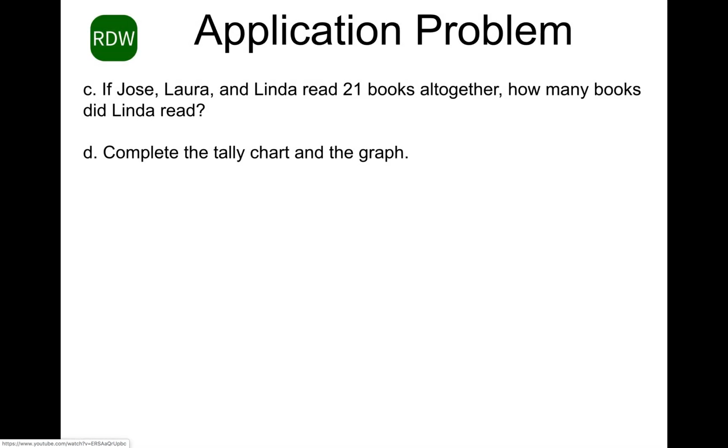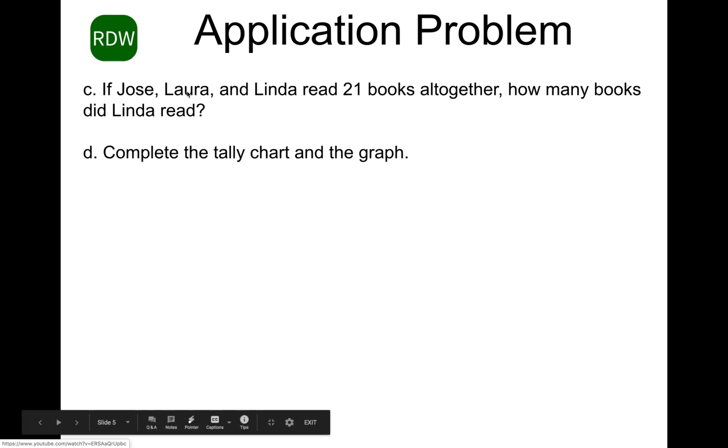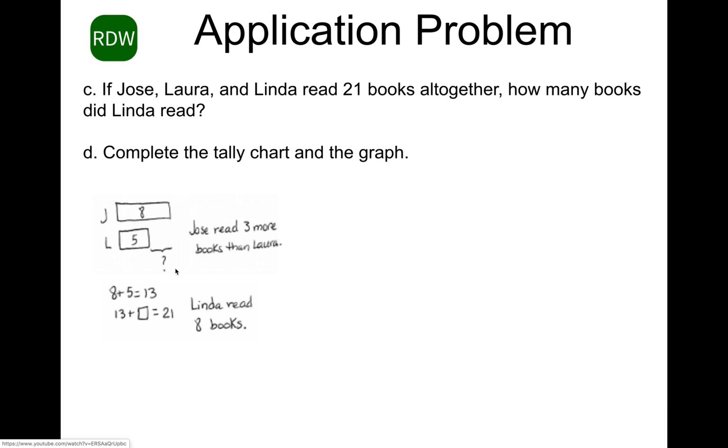Now part C, it says if Jose, Laura, and Linda read 21 books altogether, how many books did Linda read? And we knew that Jose read 8 and Laura read 5, right? So let's go ahead and work through that part first. That was the tape diagram from the problem before. But we know also down here that 8 plus 5, so Jose's number plus Laura's number equals 13.